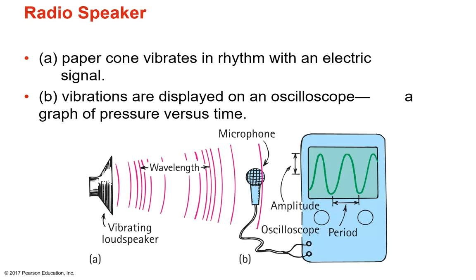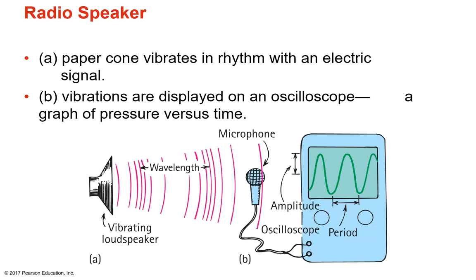So then what is the speaker doing? We send the electrical signal to the speaker, and what's it doing? Mimicking the message it receives. Okay, mimicking the message it receives. It's taking the electrical signal it receives and converting it into a longitudinal wave.